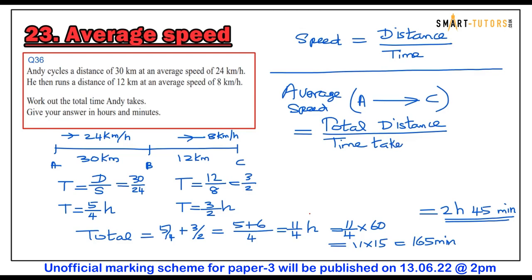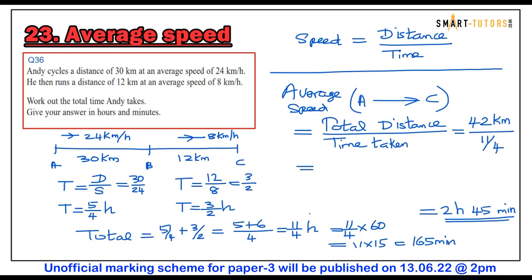So total distance is 30 plus 12, which is 42 kilometers, over total time taken, which is 11 over 4. You need to put that as hours.